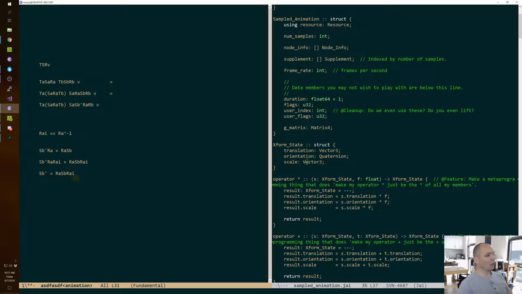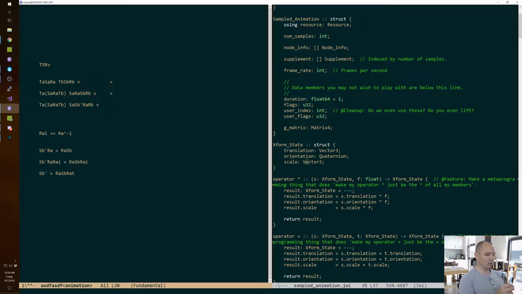SB RAI. Now this is a pattern that you see all the time in computer graphics: you multiply something sandwiched between a thing and its inverse. Very common. Or a thing and its conjugate. Inverting a matrix sounds expensive, but since this is a rotation matrix, it's an orthogonal matrix with determinant 1, which means its inverse is just its transpose.